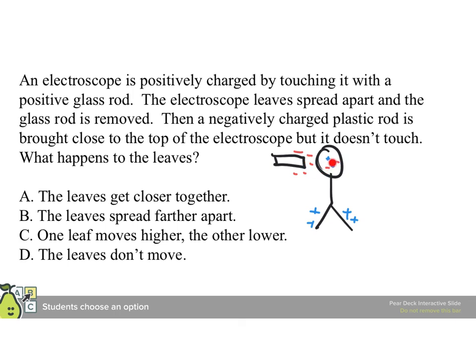These negatives repel those negatives, and they flow down onto the leaves, where they neutralize some of the positives, and so therefore what we end up with is only, say, one positive on each thing. So we would get less separation.